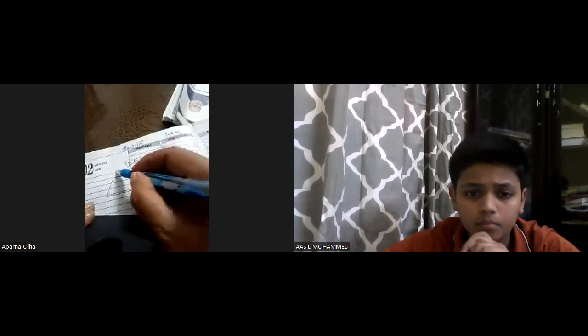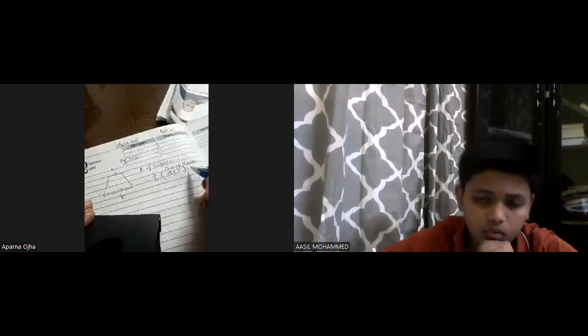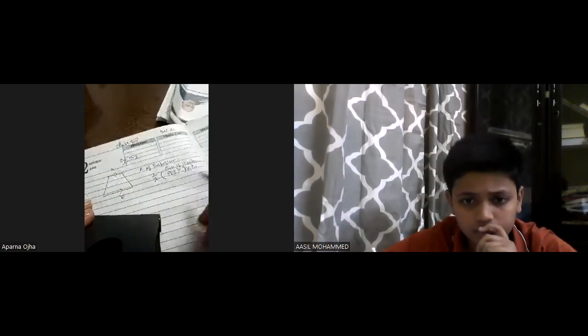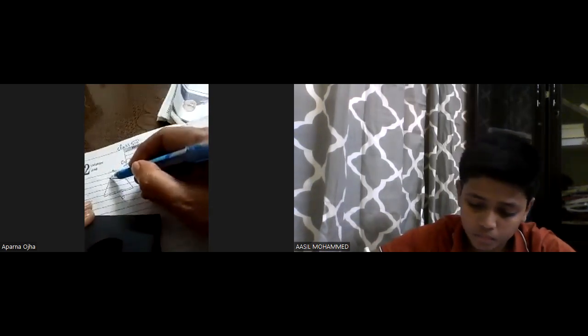Only the parallel sides you have to take. Suppose this is A and this is B. So you take the sum of the parallel sides only, that means A plus B, in the bracket, and multiply by the corresponding height, the height between the two parallel lines. So this is the formula.